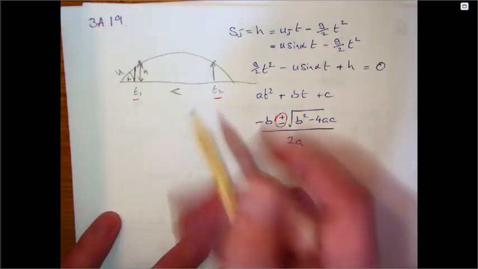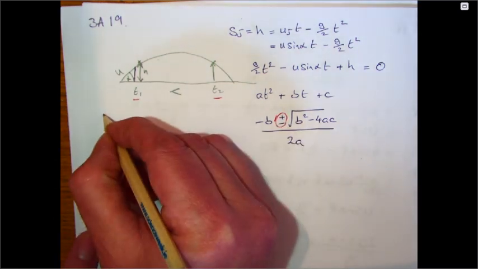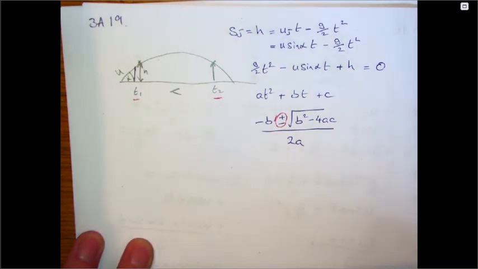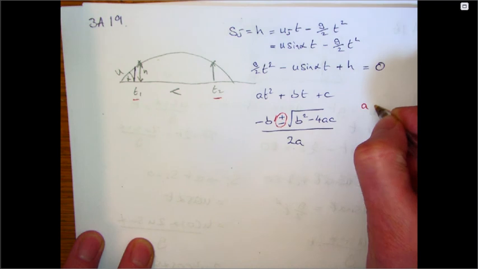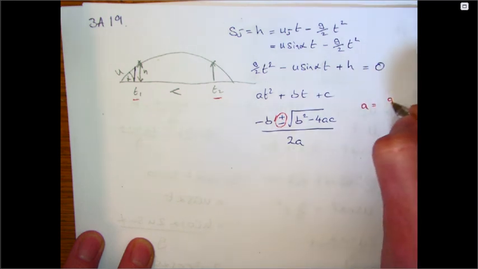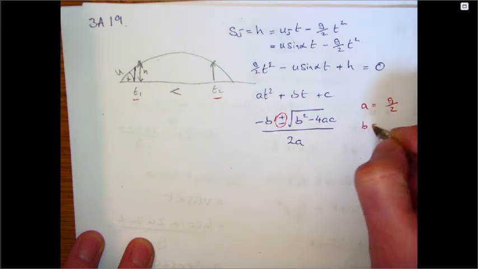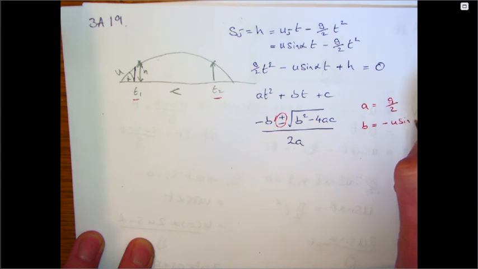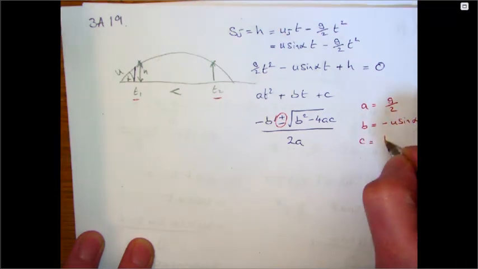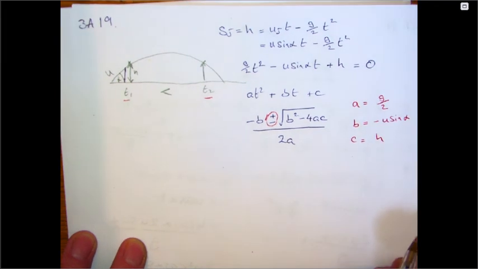Let's find out what b was. a is g over 2, b is minus u sine alpha, and c is equal to h. Okay, so we'll use those to solve this.